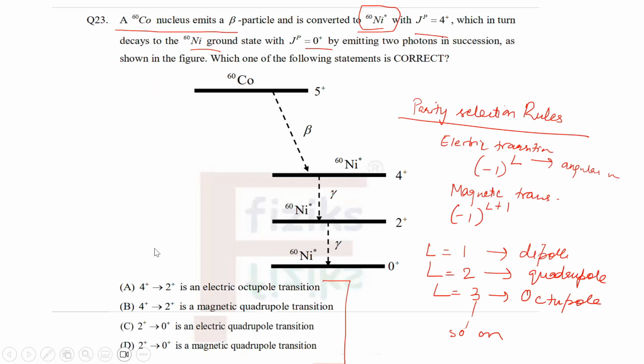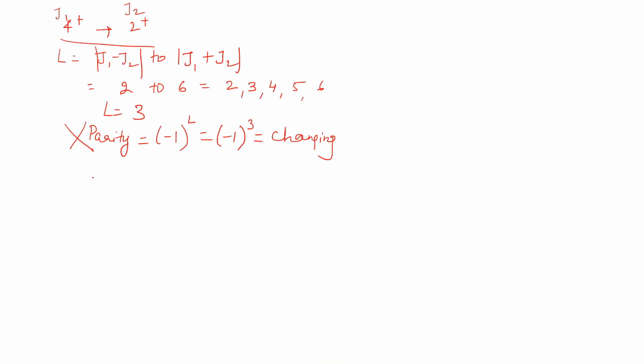We have just now proved that A is wrong. Now going to B, it is 4 going to 2 without any change in parity, magnetic quadrupole. Quadrupole is 2, right? Again, L will vary over 2, 3, 4, 5 and 6, and L equals 2 because it is magnetic quadrupole.